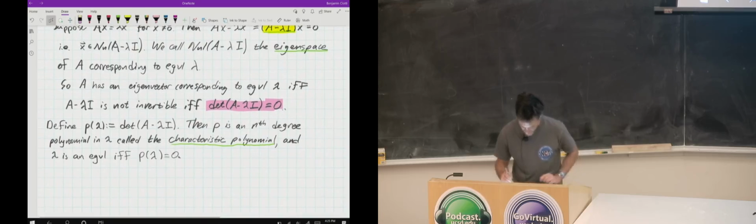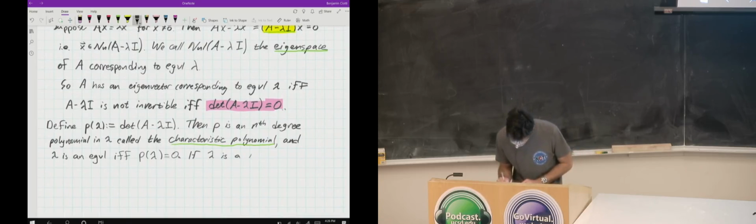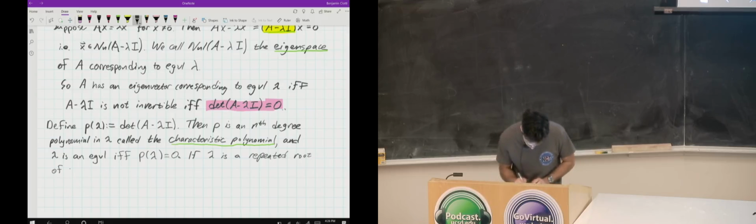Let me just define multiplicity. So if lambda is a repeated root of P, we say it has algebraic multiplicity.